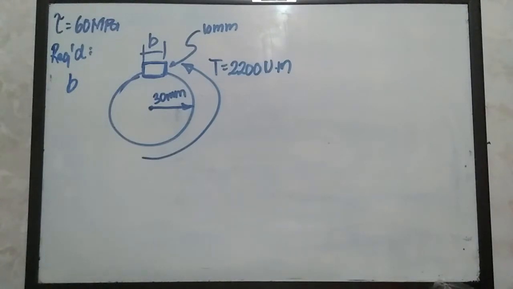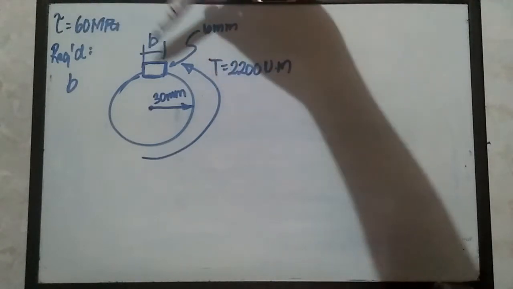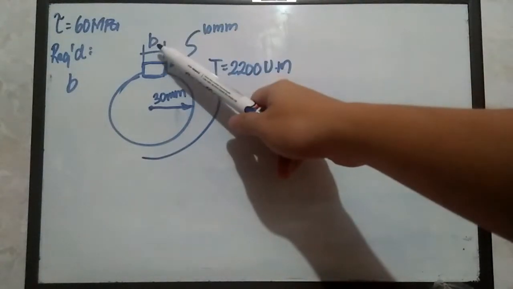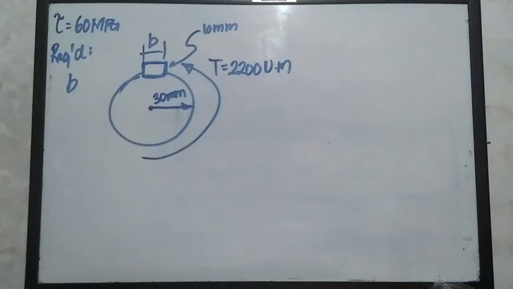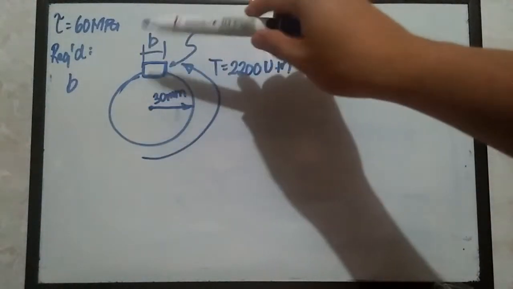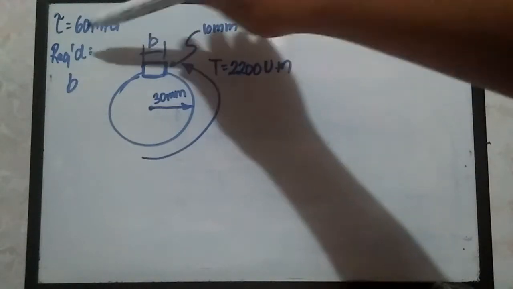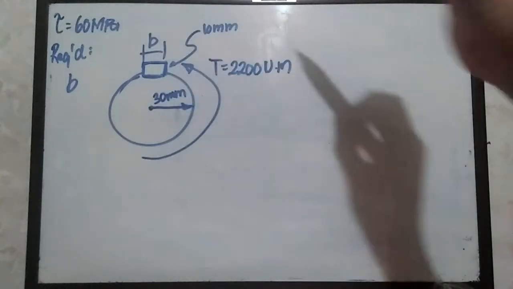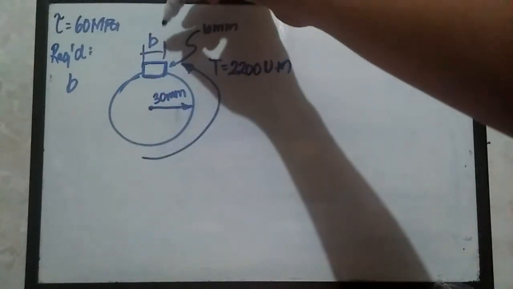Based on the givens that we have, the problem gave us an allowable shear stress for this key equivalent to 60 megapascals. And obviously, if we're going to solve for the width of the locking component in our free body diagram, we need to consider first the forces acting on this locking key. Let's draw this from a three-dimensional perspective.